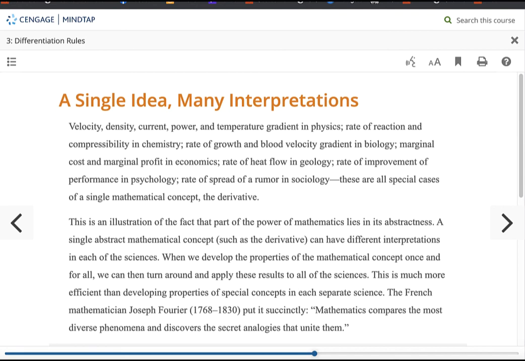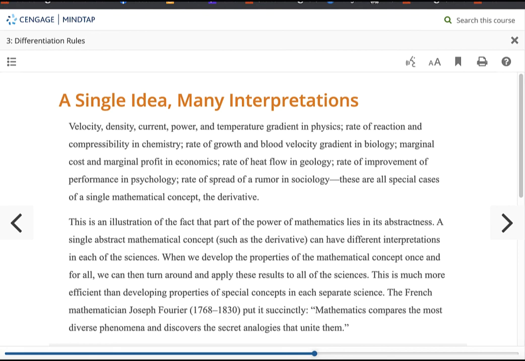So I'm just pulling up the e-text in Stewart's textbook. It has this great little summary. It says velocity, density, current, power, temperature gradient in physics, rate of reaction, compressibility in chemistry, rate of growth and blood velocity gradients, marginal cost, marginal profit in economics, rate of heat flow, and so on and so forth.